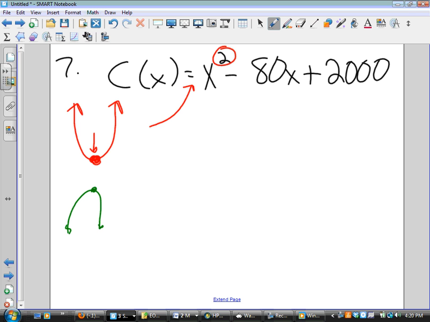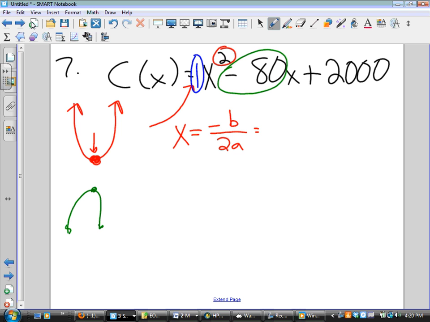Okay, so to find that point, we know it's at the vertex. We can use the vertex formula. And the vertex formula says that the X value of the vertex has to happen at negative B over 2A. B in this situation is negative 80. And A in this situation is a positive 1.